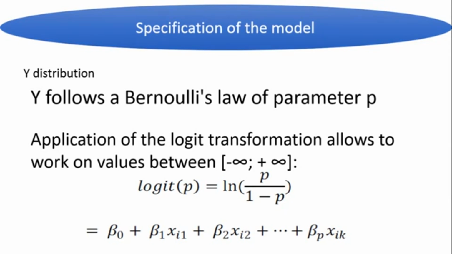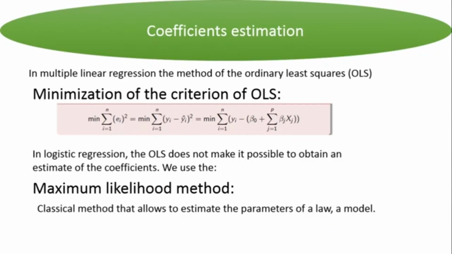So the challenge is to estimate beta 0, beta 1, till beta k, so that the logit of our parameter that is expressed like that can be written correctly. So how can we estimate the logistic coefficients?